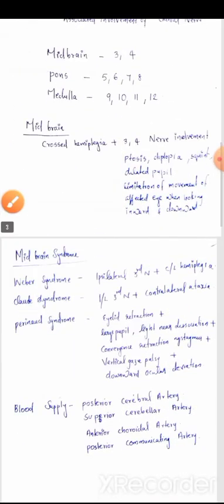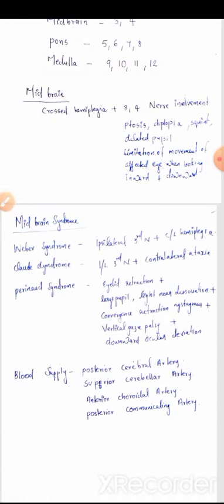Next coming to the midbrain. In a midbrain lesion we will get a crossed hemiplegia, and third and fourth nerve involvement will be there. In a crossed hemiplegia the hemiplegia will be on one side, and the cranial nerve involvement will be on the side of the lesion. Okay, if the lesion is on the left side, the cranial nerve is also involved on the left side, and the hemiplegia will be on the opposite side, the right side.